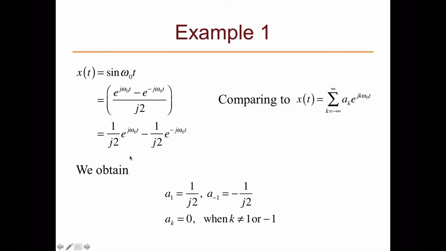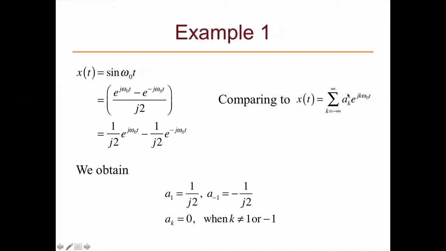If we compare these two terms to the synthesis equation, summation of k from minus infinity to infinity of a_k e^(j k omega_0 t), then we will see that here k equals 1, and for this one this is minus, so k equals minus 1.